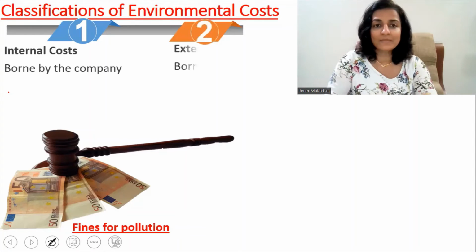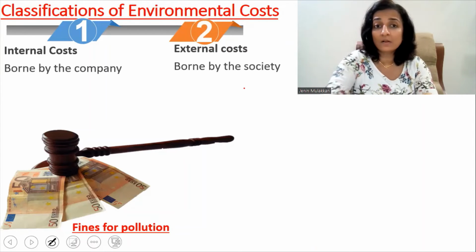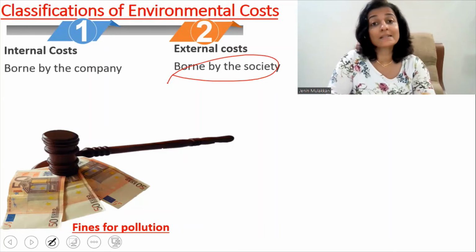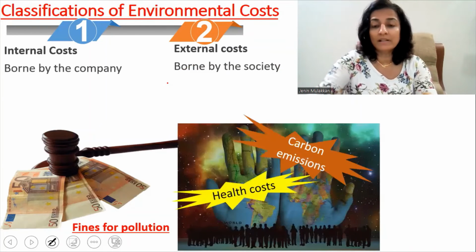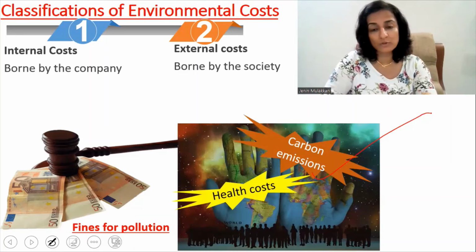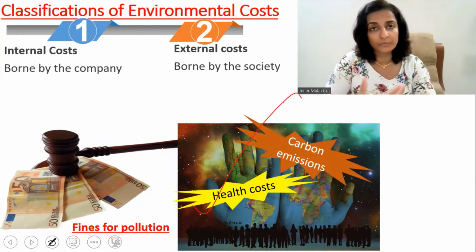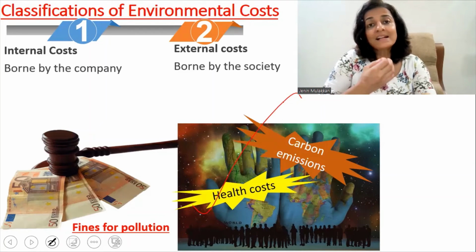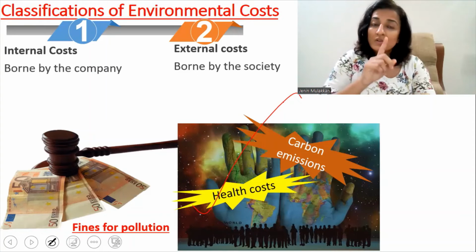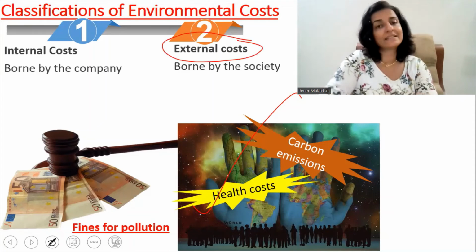And the second type is the external cost. These are costs which are borne by the society. Example, the carbon emissions into the atmosphere, the health costs incurred by the society because of pollution. For this, the company is not bearing any expenses or paying cash. Such kind of costs are known as external costs.